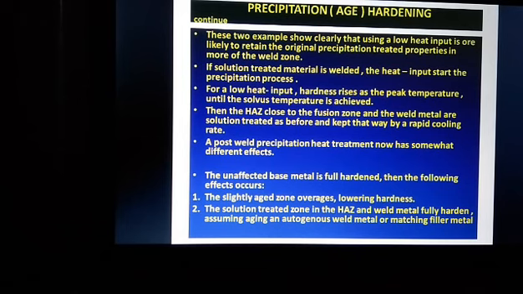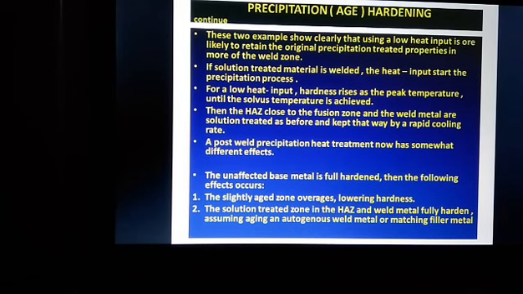A post-weld precipitation heat treatment now has a somewhat different effect. The unaffected base metal is fully hardened, then the following effects occur. The slightly aged zone overages, lowering hardness.